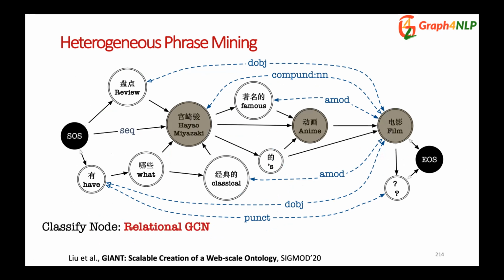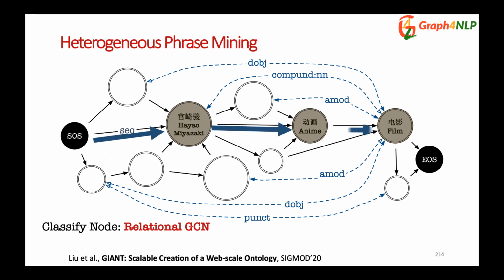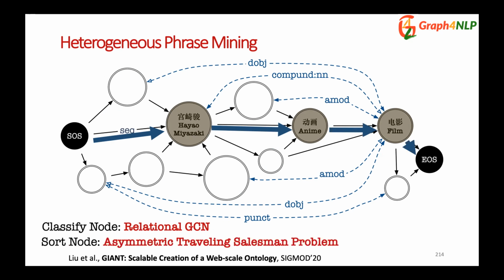And then we solve a problem which we call the asymmetric traveling salesman problem to find the shortest path between the start of sentence node and the end of sentence node, which connects all the positive nodes. Then along this path, we can get the order of the words.